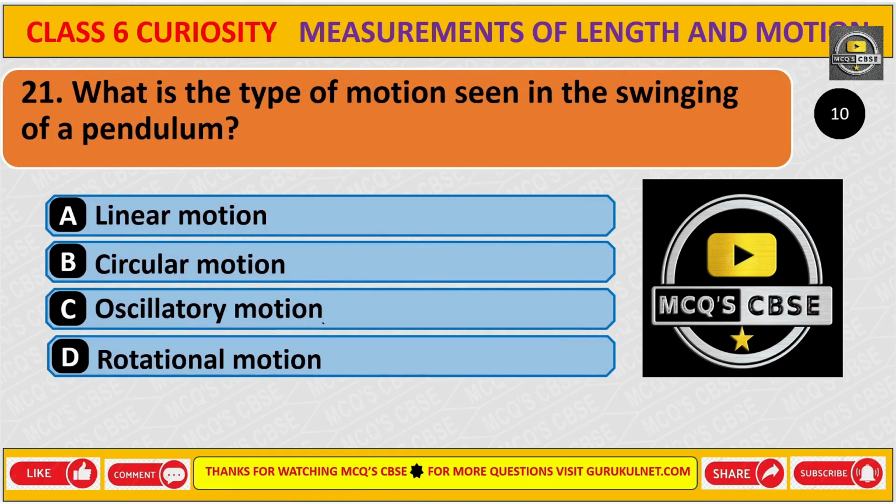What is the type of motion seen in the swinging of a pendulum? And the correct answer is oscillatory motion.